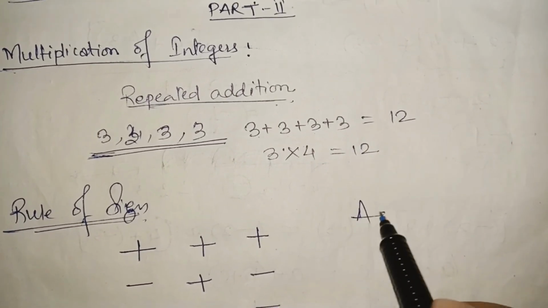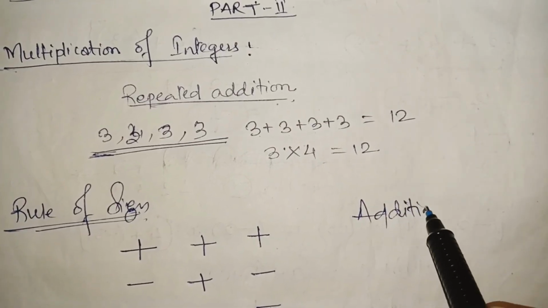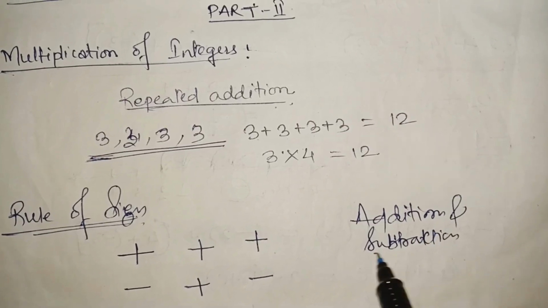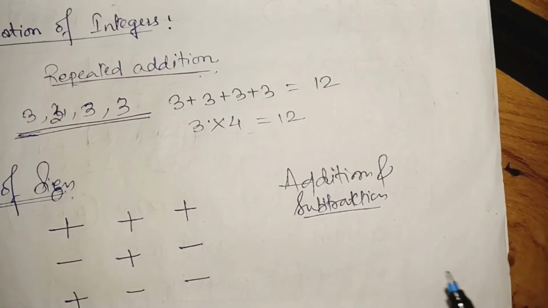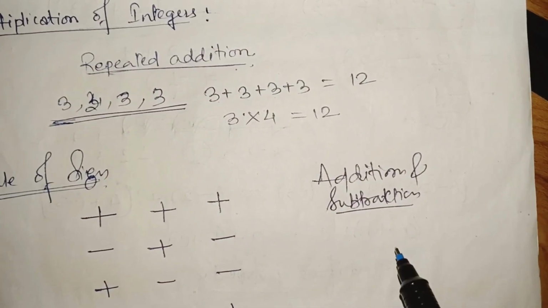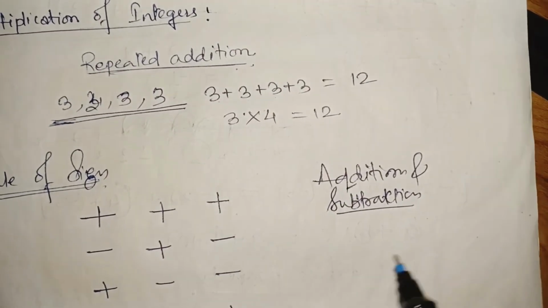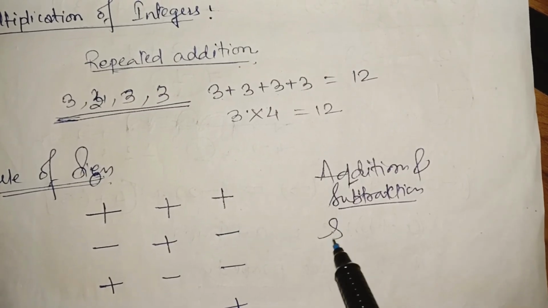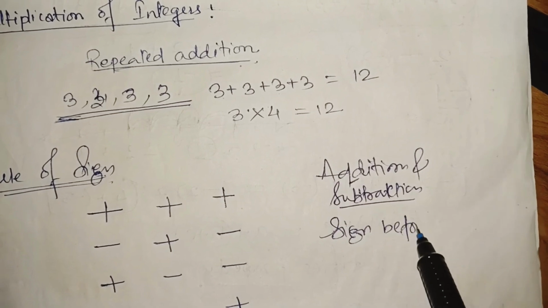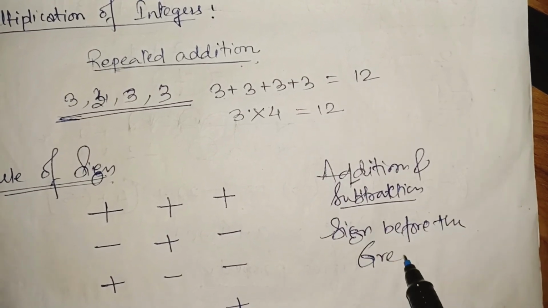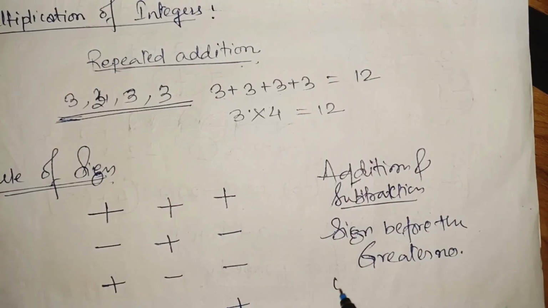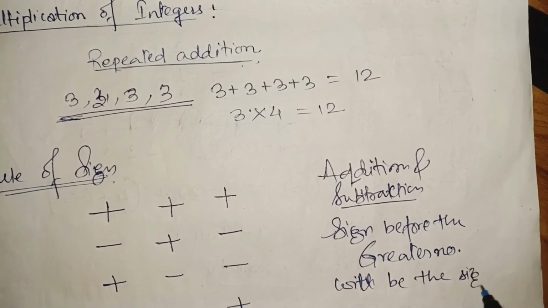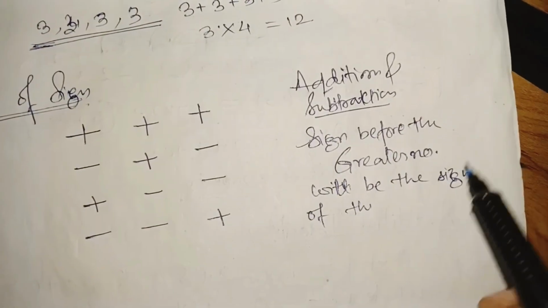Now see, for addition and subtraction, the rule we follow is that if we have any two numbers and we add them, then whatever the sign is before the greater number will be the sign of the end result.